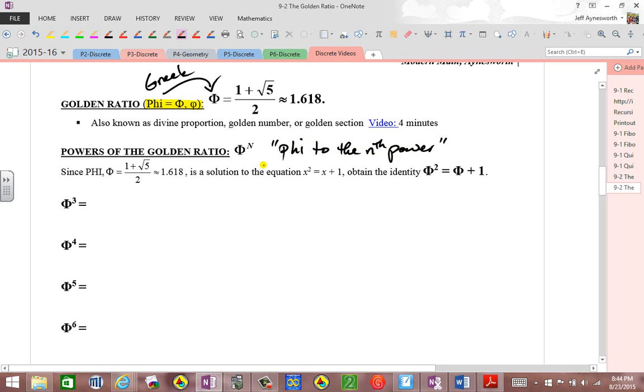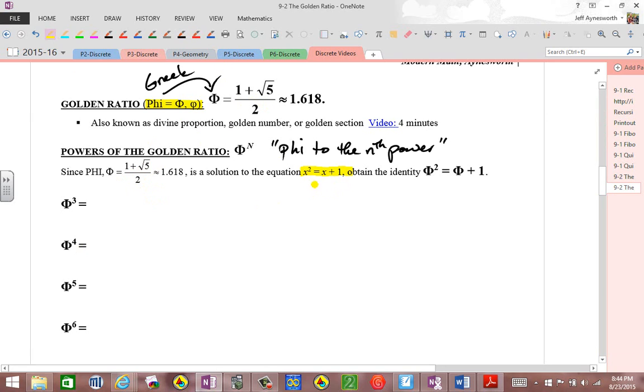So what we're going to do is take a look at powers, starting with the third power and then the fourth power of phi. We know that phi, as before, is 1 plus root 5 over 2. It came from the solution of that quadratic that we just solved, x squared equals x plus 1.